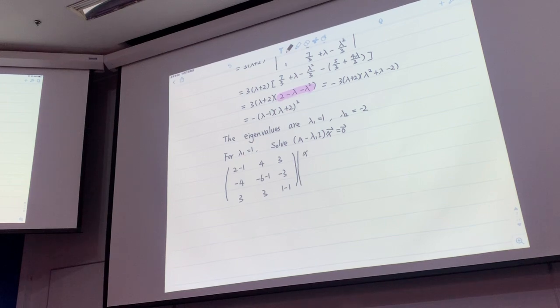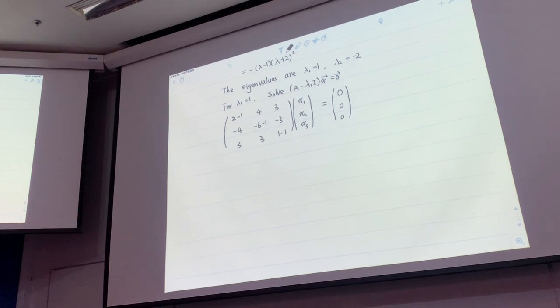So we get x1, x2, x3, and this is equal to 0, 0, 0. So for this matrix 1, 4, 3; -4, -7, -3; 3, 3, 0, and this 0, 0, 0, we do the row operations: 1, 4, 3, 0; 0, 9, 9, 0; and 0, -9, -9, 0.